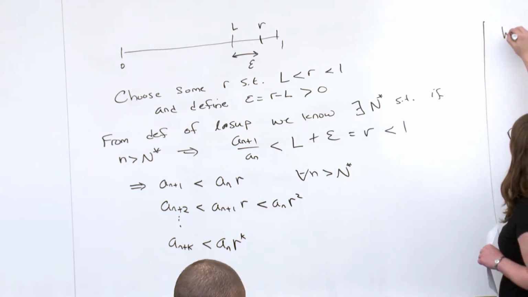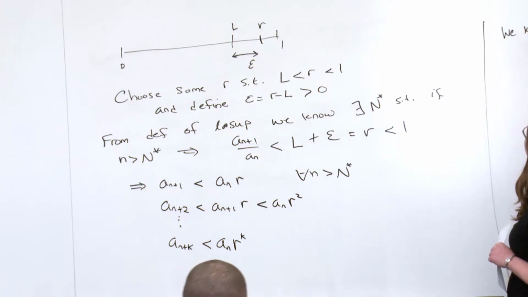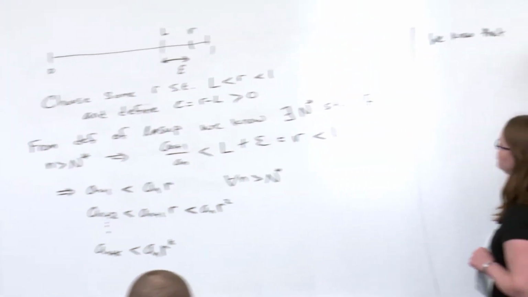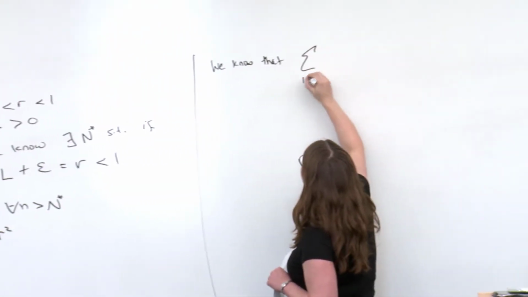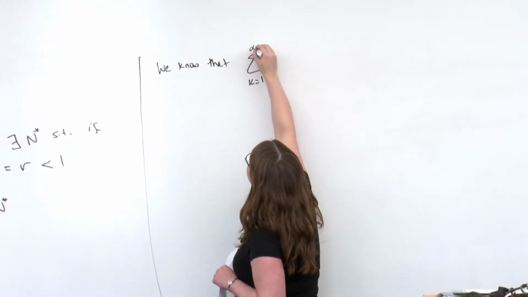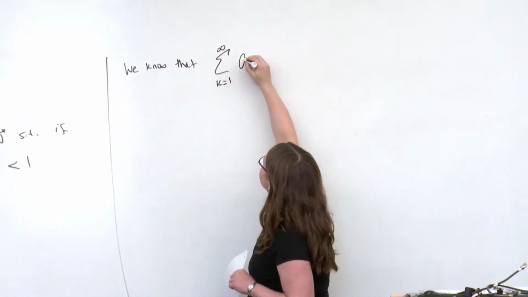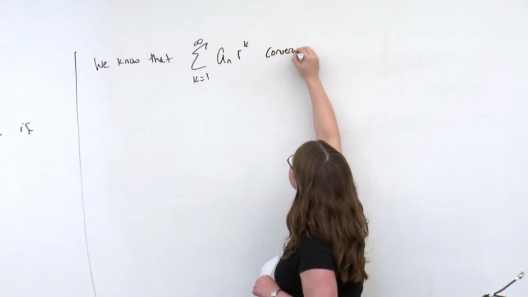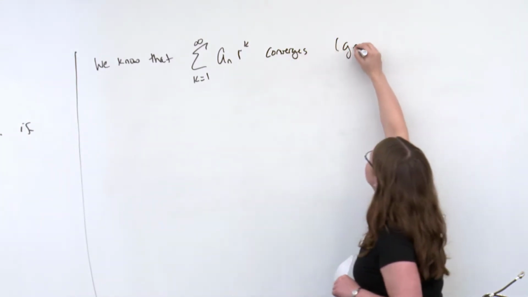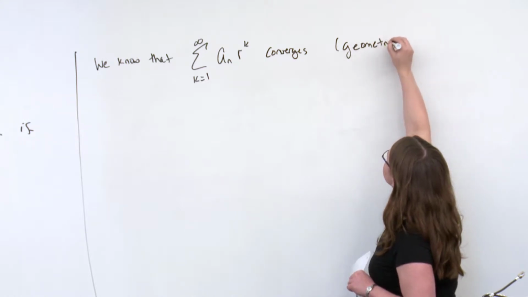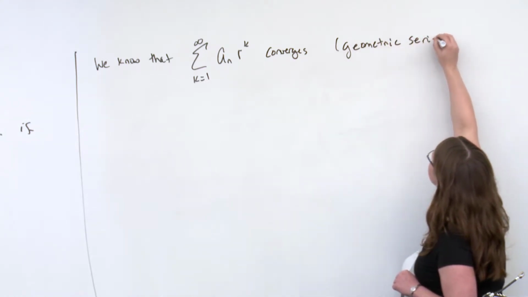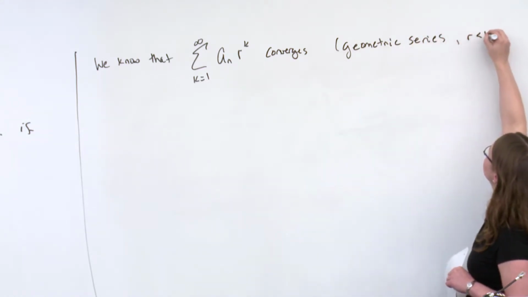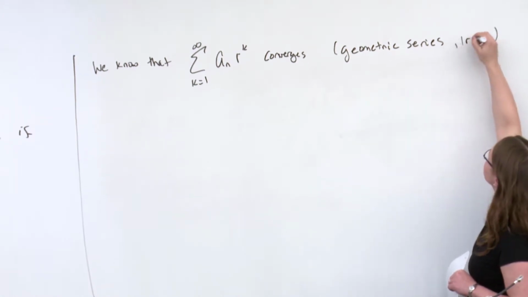So we know that this sum, k equals 1 to infinity of a_n r to the k, converges. It's a geometric series with r less than 1 in magnitude even.